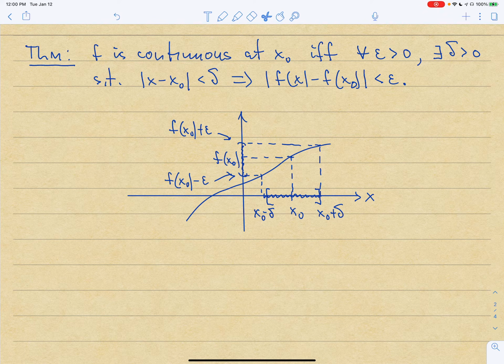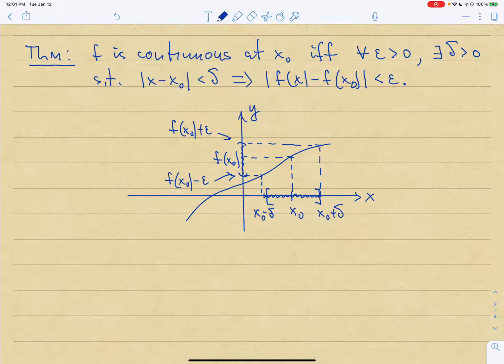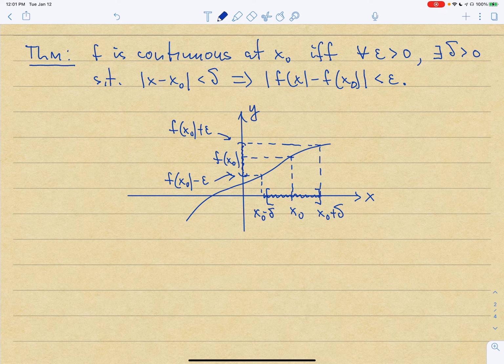And clearly, I should be able to do this construction at x0 for any value of epsilon. And so that means that the function is continuous. And indeed, in this case, the function is continuous.